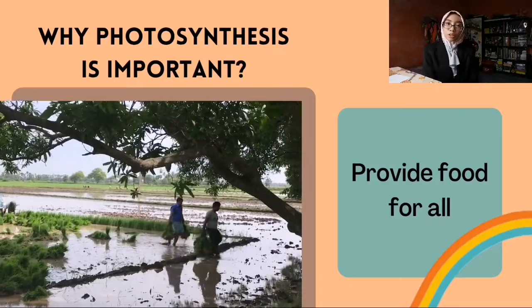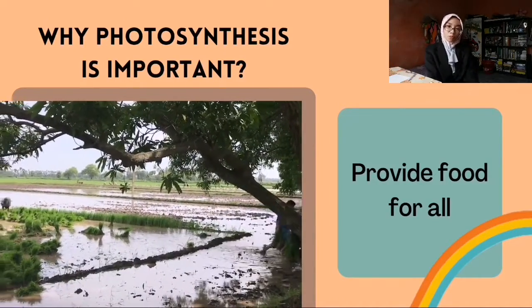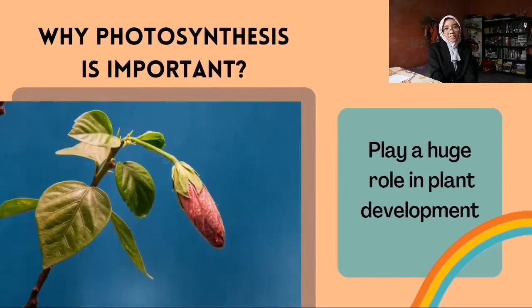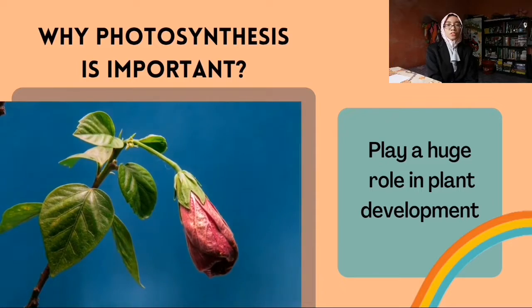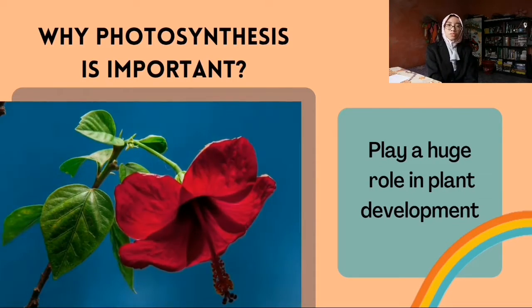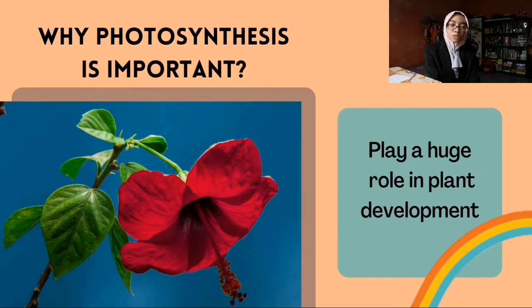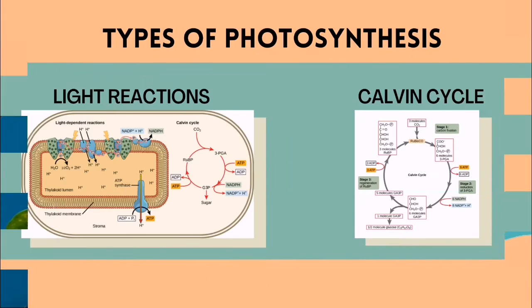That's right. Without photosynthesis, we can't survive. Our food sources come from plants. Other than that, photosynthesis helps to develop the plant's growth. This is where the plants make their own food, since the sunlight is their main source for photosynthesis.